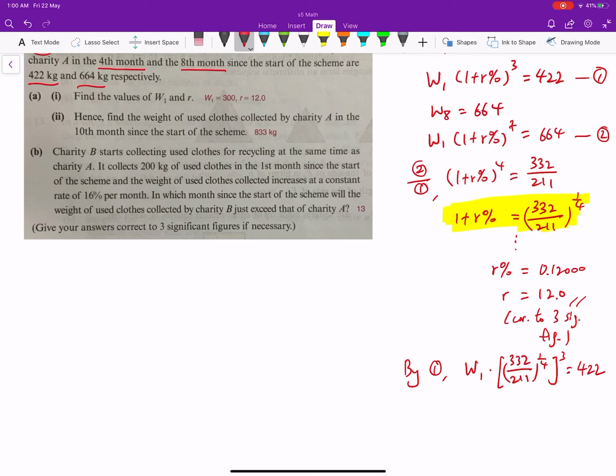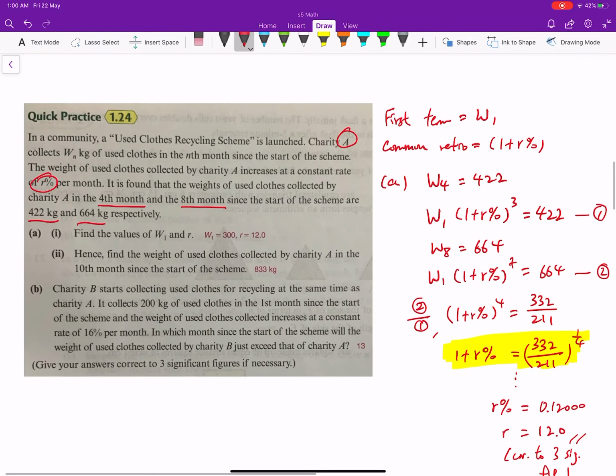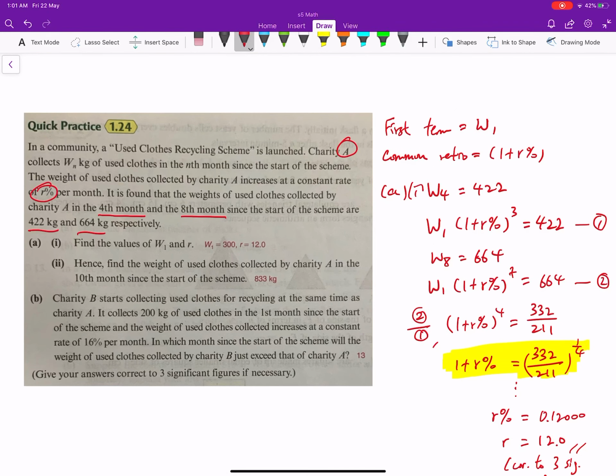And then you will find W1 is this one. And it is 300 if we want 3 significant figures only. Okay, so this is A1. I always miss the 1. Okay, and then now part A2.